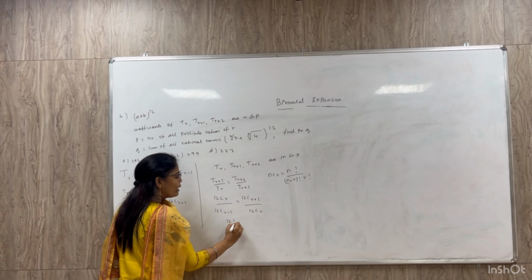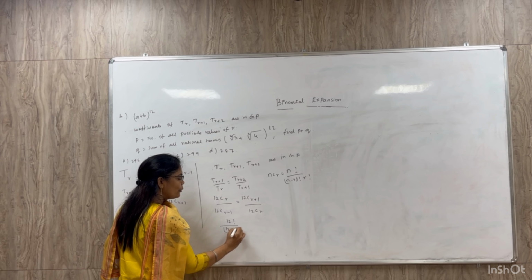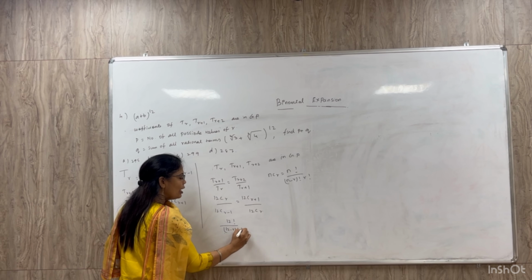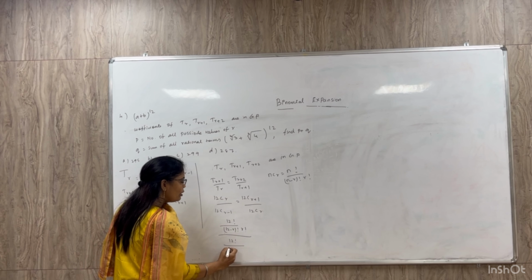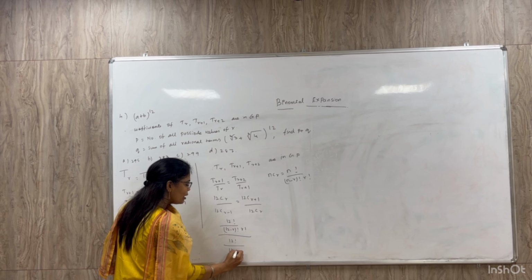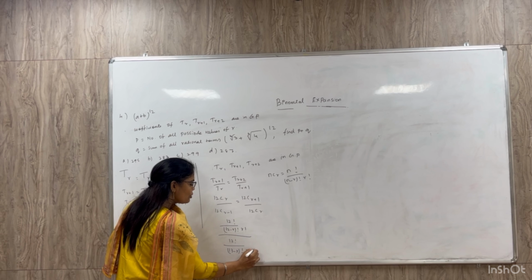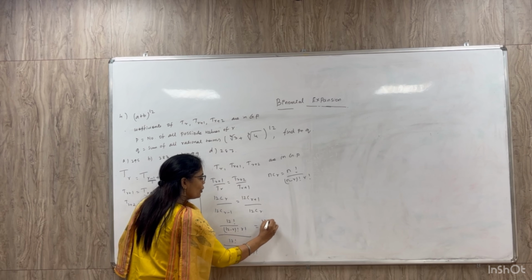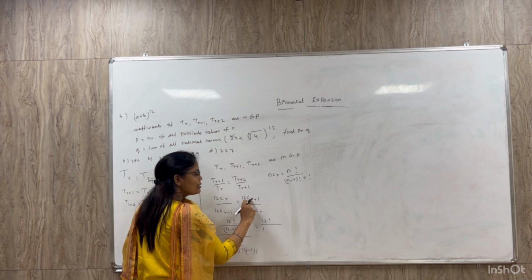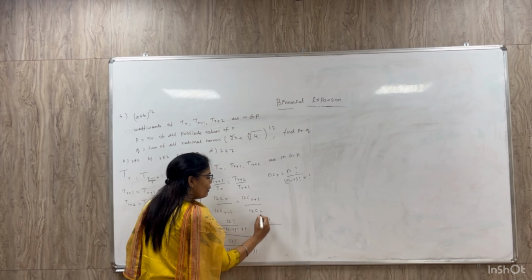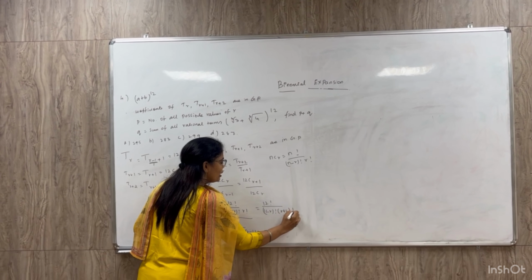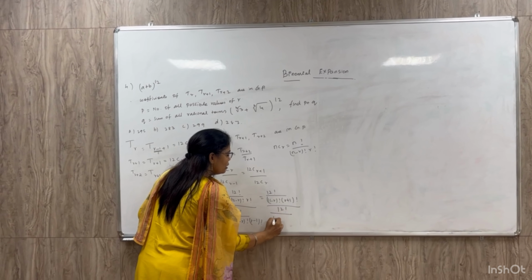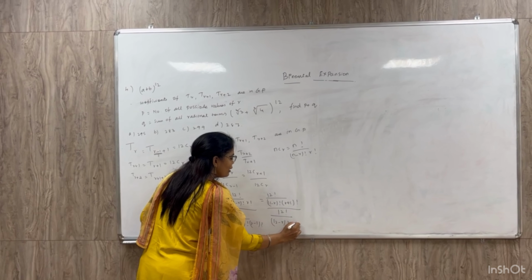Use the combination formula and get 12Cr: 12 factorial by (12 minus r) factorial into r factorial. And 12C(r-1) is 12 factorial divided by (12 minus (r minus 1)) factorial, so it will become (13 minus r) factorial into (r minus 1) factorial. The same way, 12C(r+1) is 12 factorial by (11 minus r) factorial into (r plus 1) factorial, divided by 12 factorial by (12 minus r) factorial into r factorial.